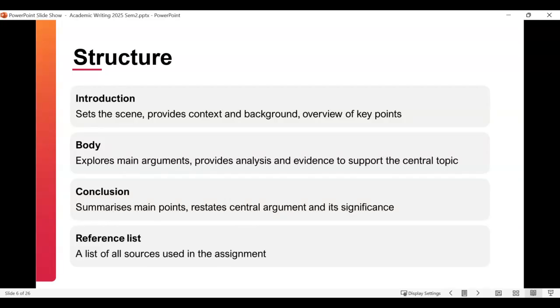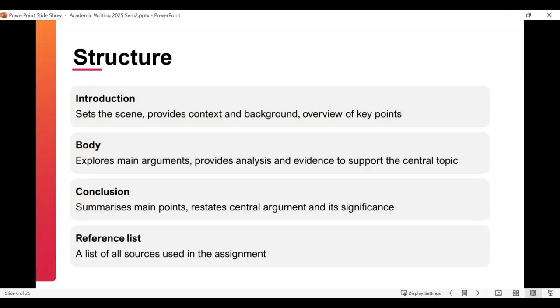You're going to have a conclusion that summarizes the whole thing again, and probably you're going to restate the central point you're trying to make, and tell the reader again why it is important. And at the end, of course, you have your reference list where you list all the sources you have used in your assessment or assignment. So that's still pretty basic stuff, I hope, that you can all agree with.